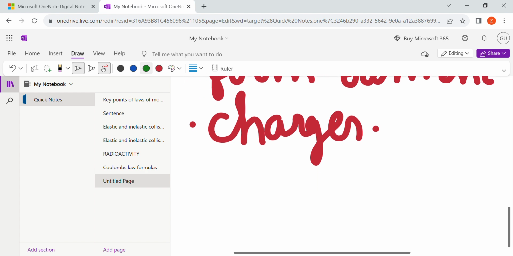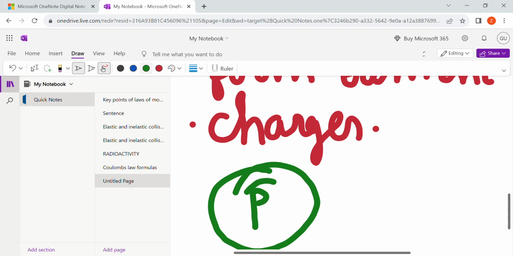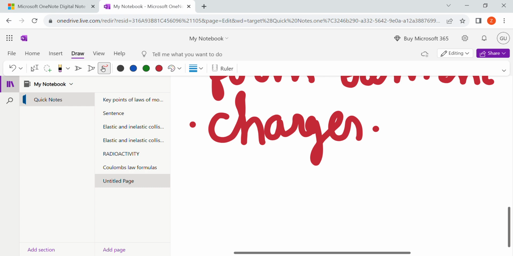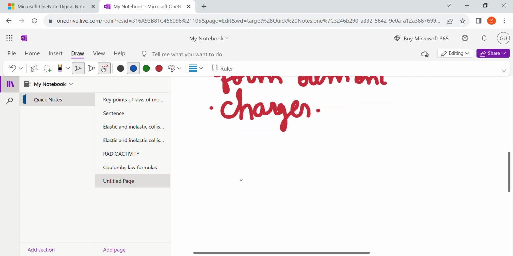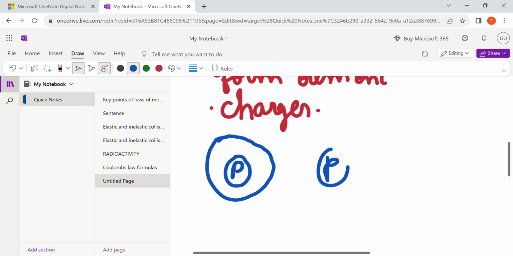How? As I told you, for example, let's just suppose this is the proton. Sorry, this is the nucleus. This is an atom, and here we have a nucleus and this is an atom.